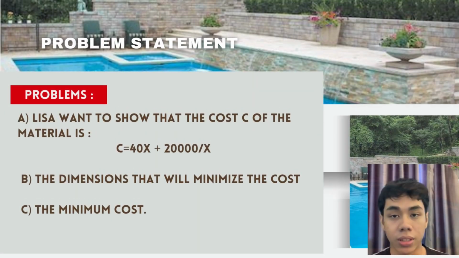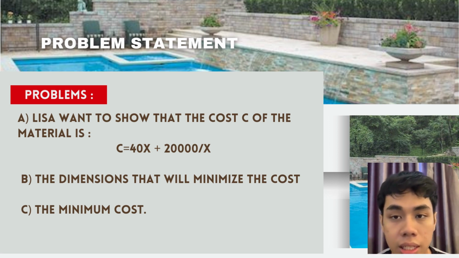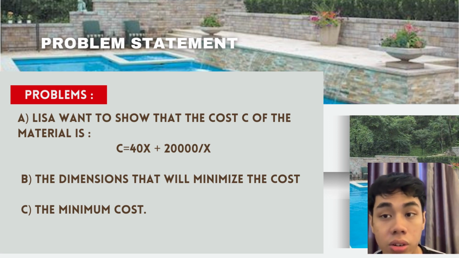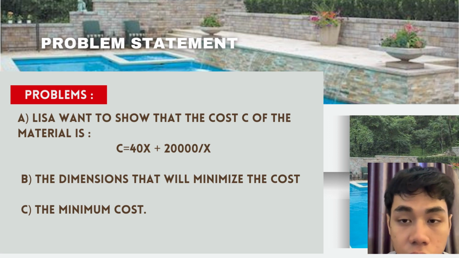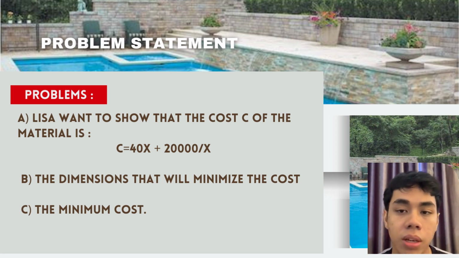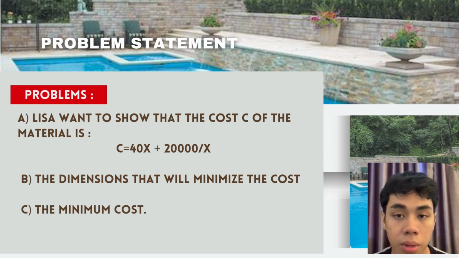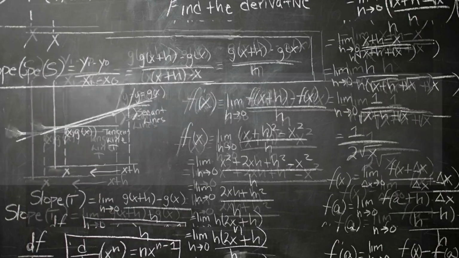Now the problem statement. The first problem is Lisa wants to show that the cost C of the material is C equals 40x plus 20,000 divided by x. The next problem is the dimensions that will minimize the cost. The last problem is the minimum cost.